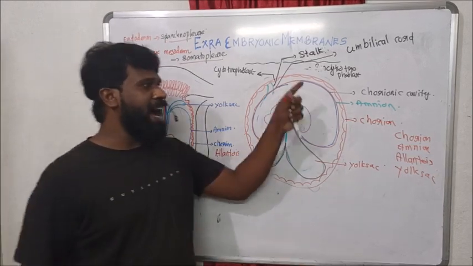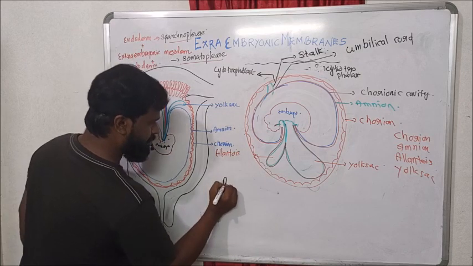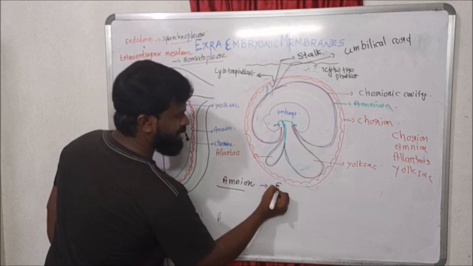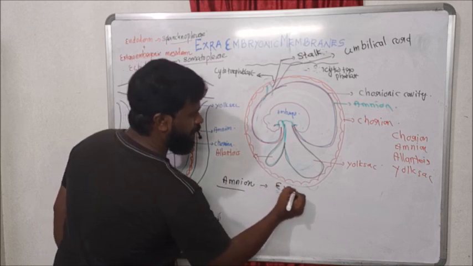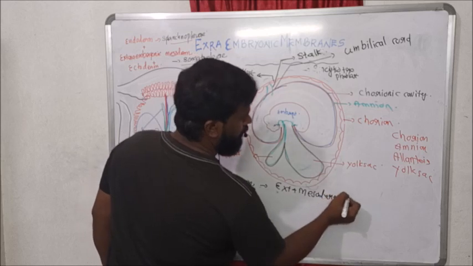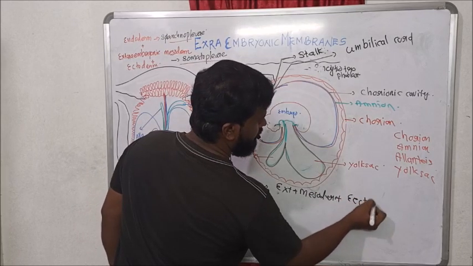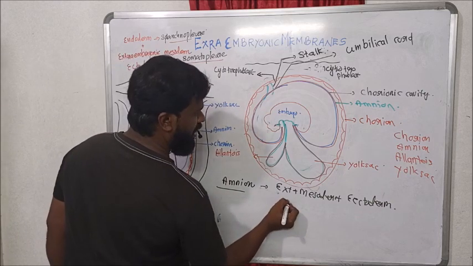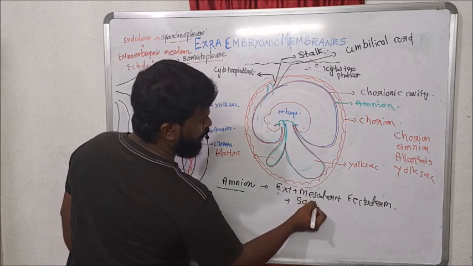So here the amnion is formed of extraembryonic mesoderm plus ectoderm, called somatopleure.